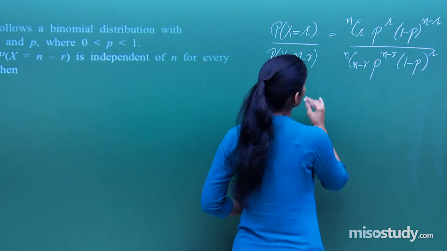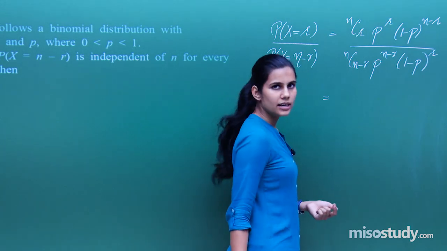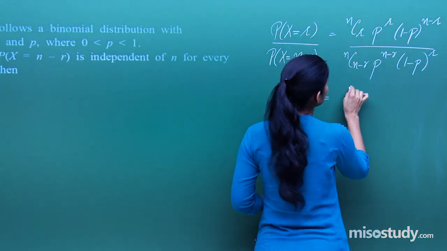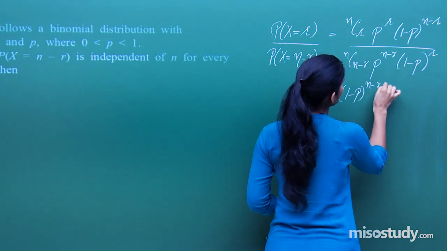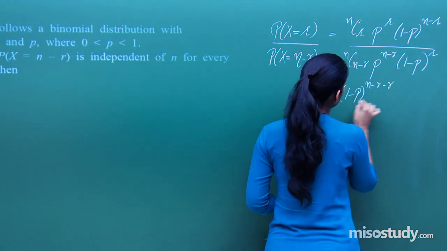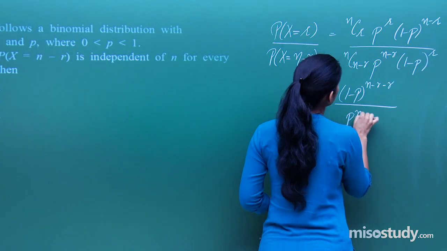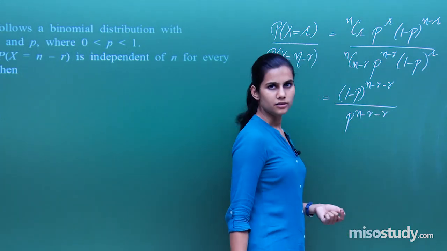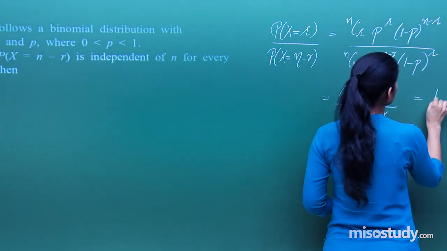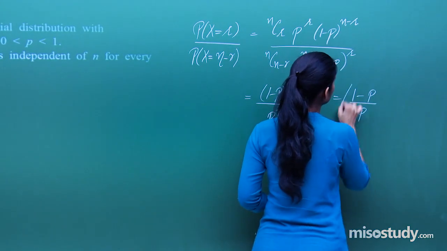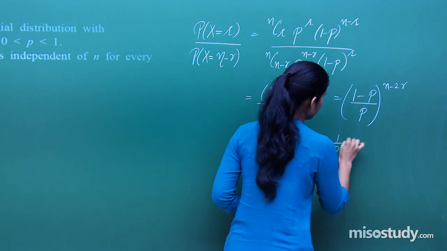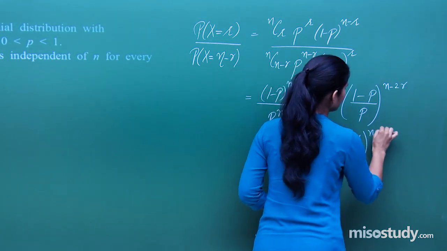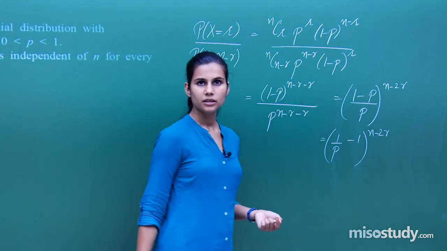Clear? Now, nCr upon nC(n minus r) is nothing but 1 only. This becomes (1 minus p) to the power n minus r, whole upon p to the power n minus r minus r. So, this becomes ((1 minus p) upon p) whole to the power n minus 2r, or I can say (1 by p minus 1) whole to the power n minus 2r.